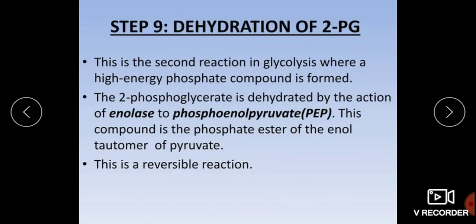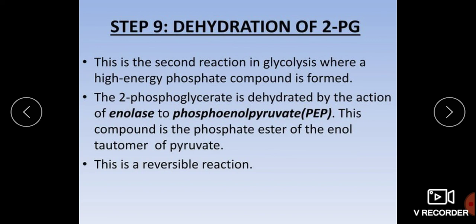Then the next step, step 9, dehydration of 2-phosphoglycerate, removal of the water molecule from 2-phosphoglycerate. This is the second reaction in glycolysis where a high energy phosphate is formed. In this reaction, the 2-phosphoglycerate is dehydrated by the action of the enzyme enolase, and phosphoenol pyruvate is formed.